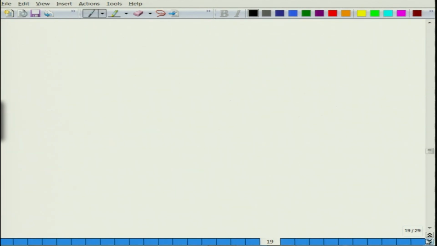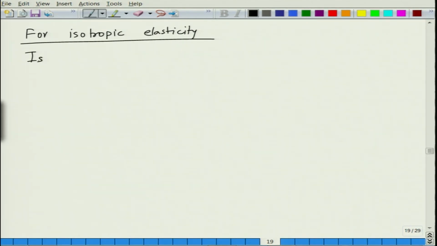Now, for elastic material, for isotropic elasticity, we will come to the isotropic term in a minute. So, for isotropic elasticity, let us first see what isotropic is.